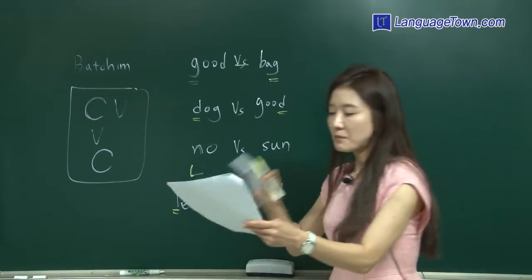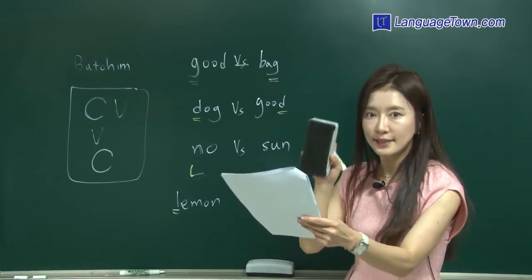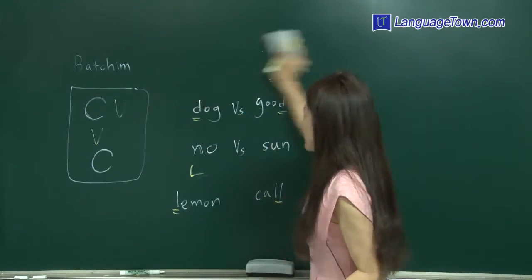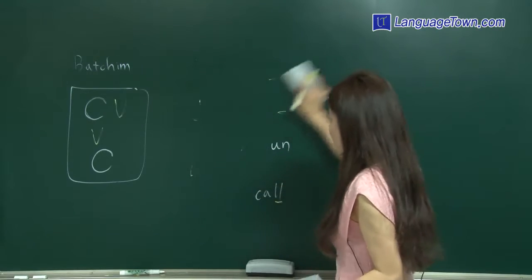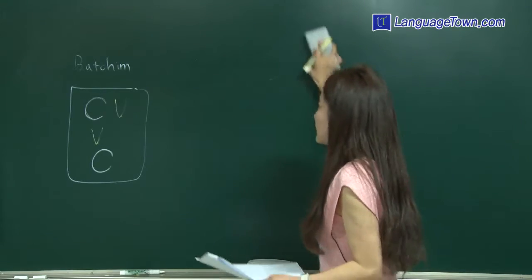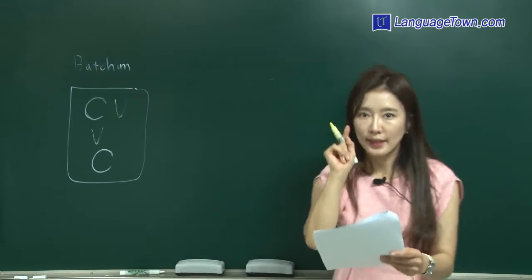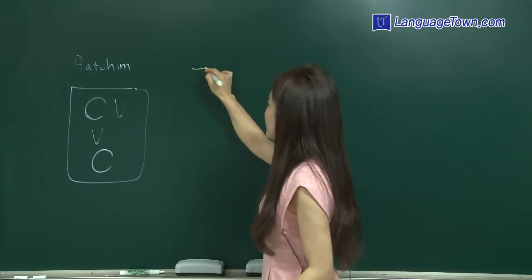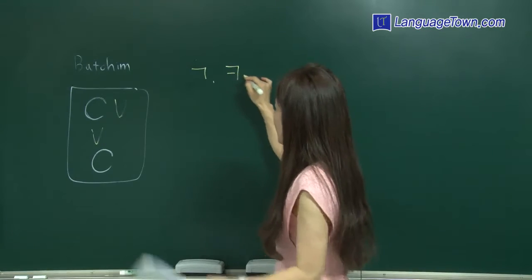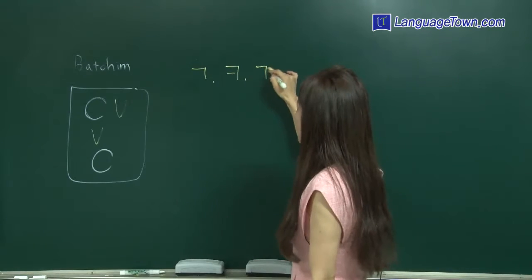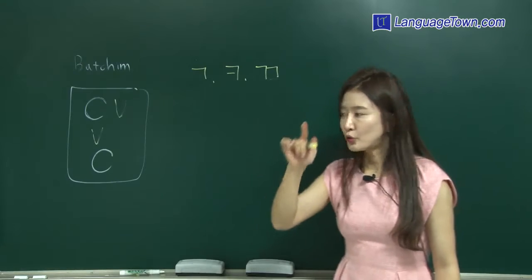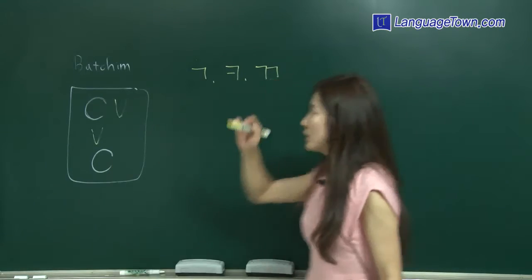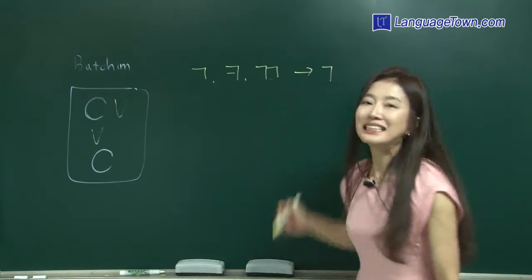So, 받침 has 7 different sounds. You remember with this rule, okay? So, that's why when this and this and this come to the final sound, 받침, it sounds 윽.